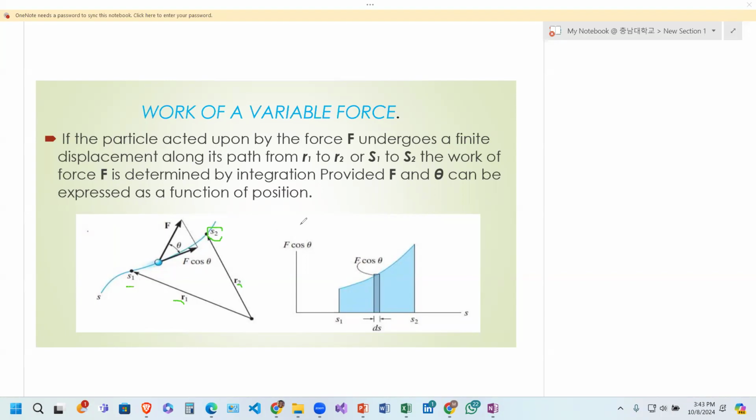So the work done will be provided by integration of F, and the angle theta can be expressed as a function.